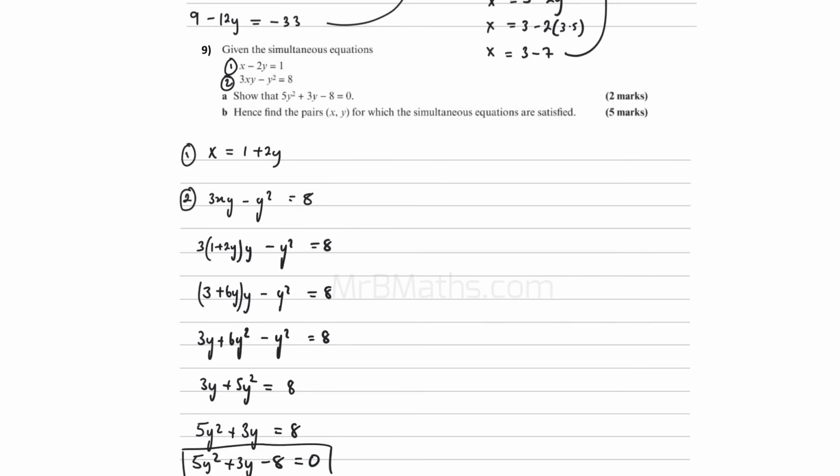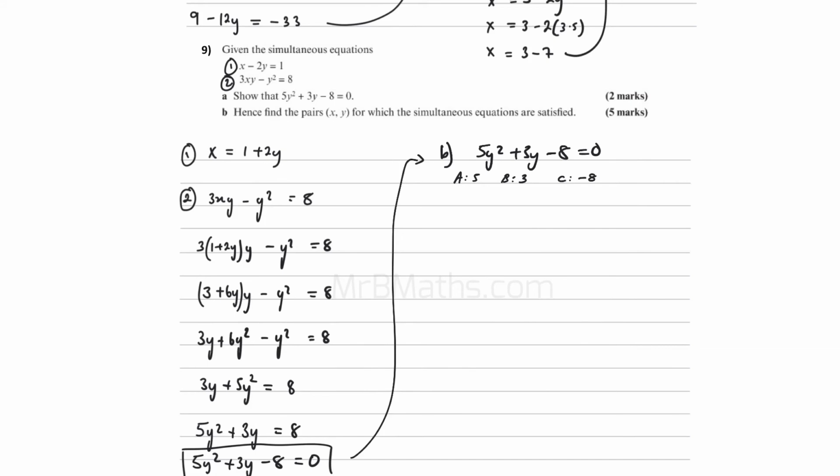Okay, so moving this up here for B, we've got 5y squared plus 3y minus 8 equals 0. So what we can do is we can see if we can factor this, or we could use the formula. Let's use the formula. So a is 5, b is 3, and c is negative 8.